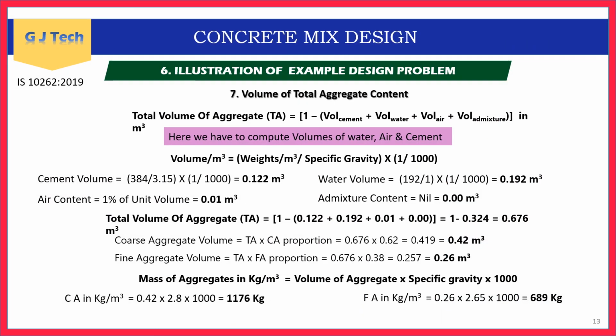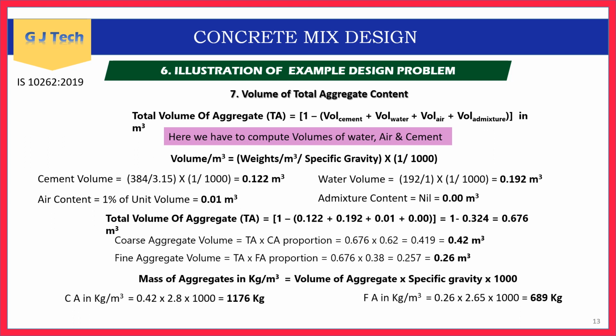After obtaining the proportion of coarse aggregate and fine aggregate in the total aggregate content or total aggregate volume, what is total aggregate volume? It is the volume of aggregate obtained when all the other ingredient volumes are deducted from the unit volume of concrete that is designed. I'll repeat.